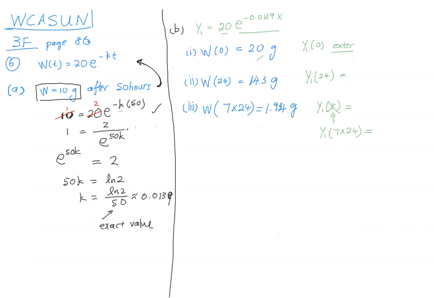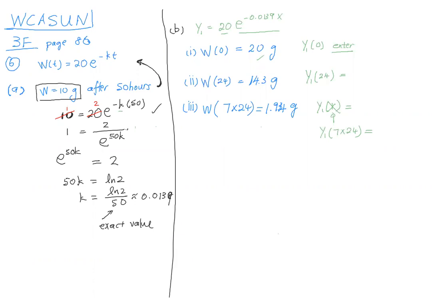Wrong again, eh? Why you wrong again? You ask yourself. 1.947. Someone get 1.947. Gladys, is your answer 1.947?